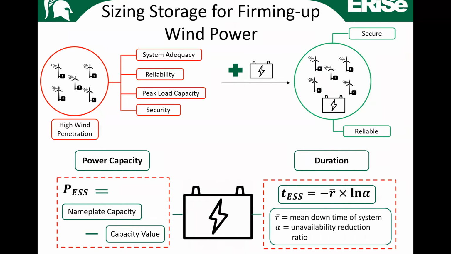And that is because of this difference. So it was pretty cool to be able to explain that away mathematically. And in terms of duration, we can apply this using the assumption that R is the mean downtime of the supply without the battery, and this will give us the size of the energy storage in terms of number of hours. You multiply that by this, you get the energy capacity.